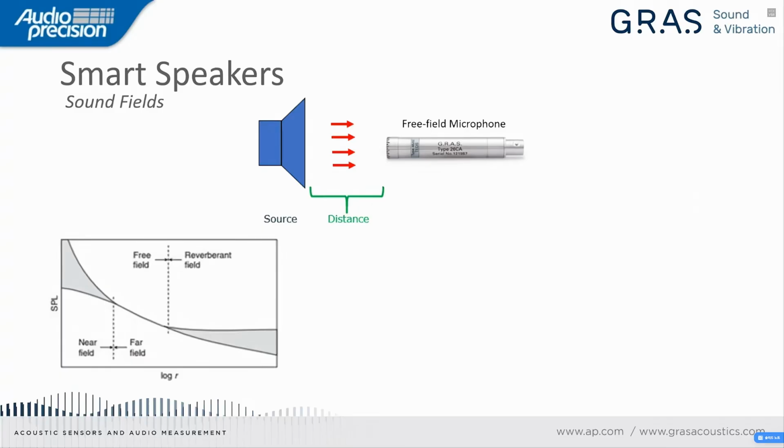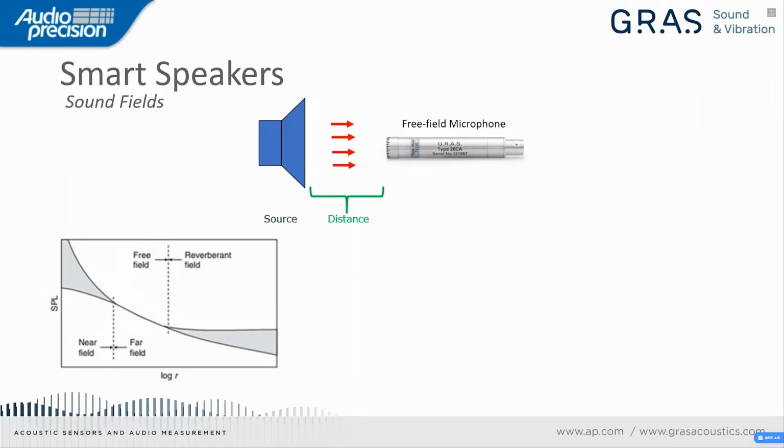If we look at different sound fields, then we actually have what we call 3 main fields, I will call it. We have our near field, also called the pressure field.